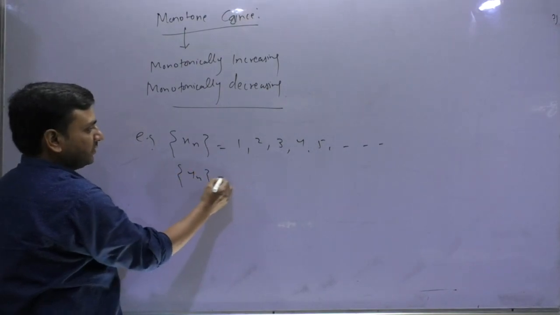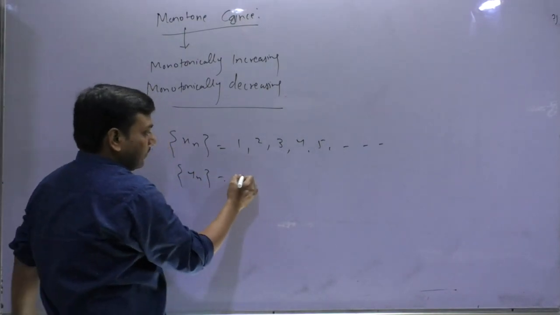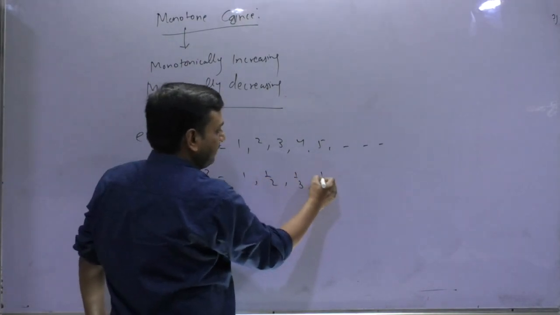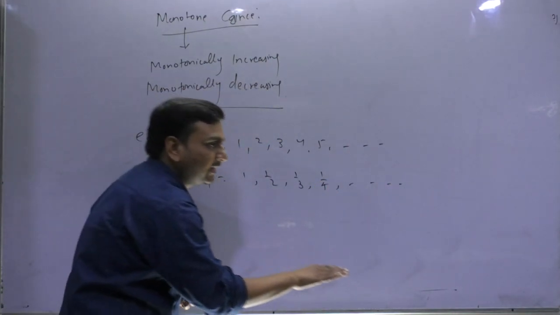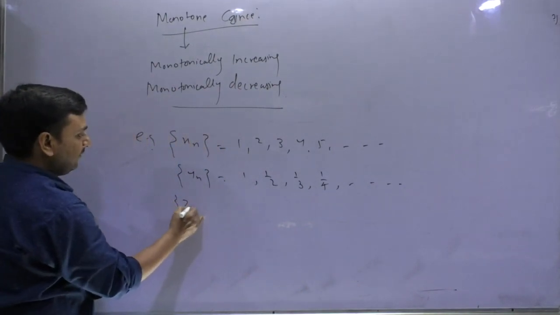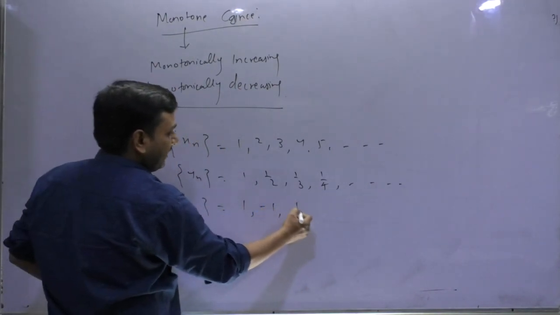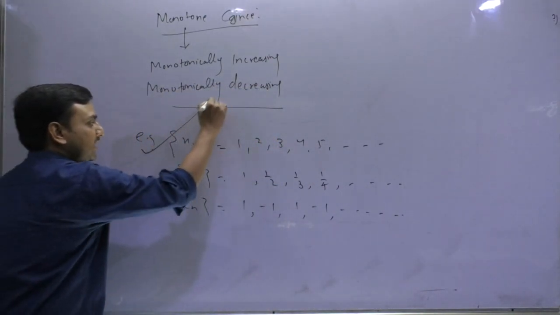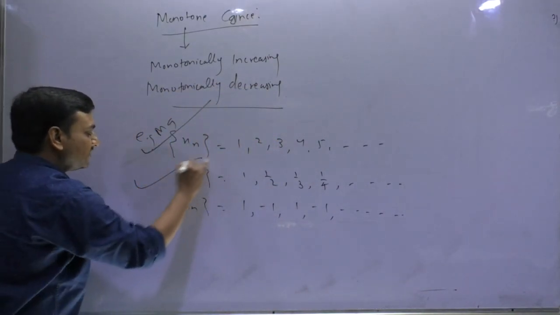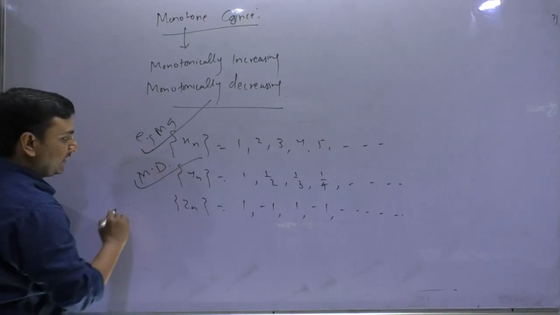If I talk about the sequence 1, 1 by 2, 1 by 3, 1 by 4, this sequence is monotonically decreasing. If I talk about the sequence 1 minus 1, 1 minus 1, this sequence is monotonically increasing. This sequence is monotonically decreasing.